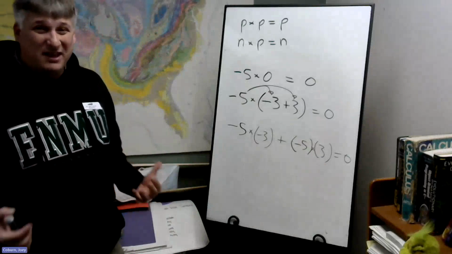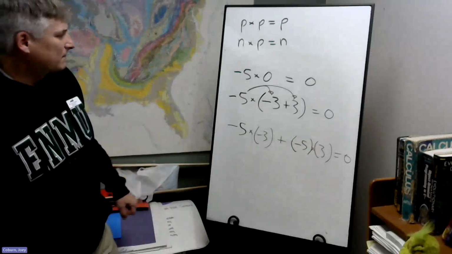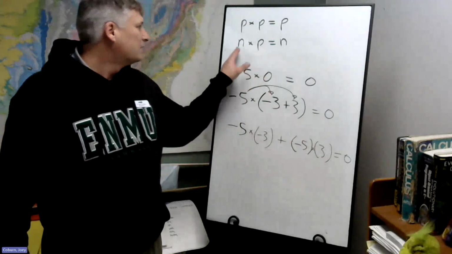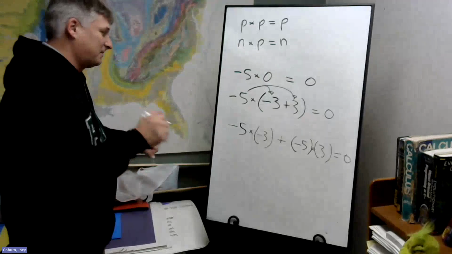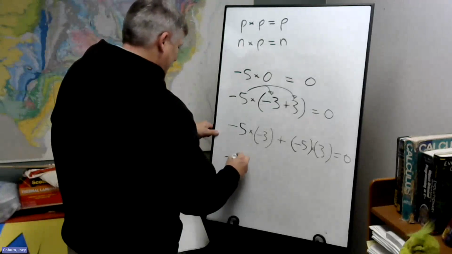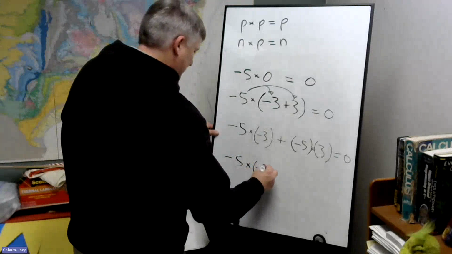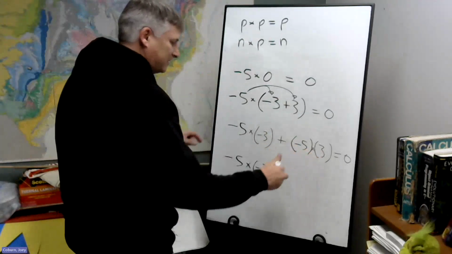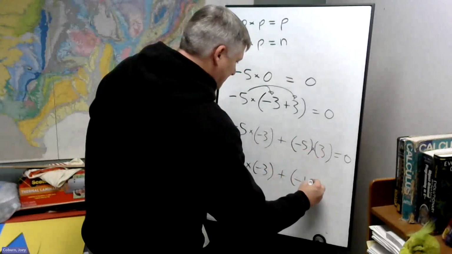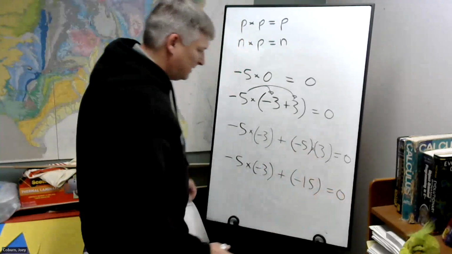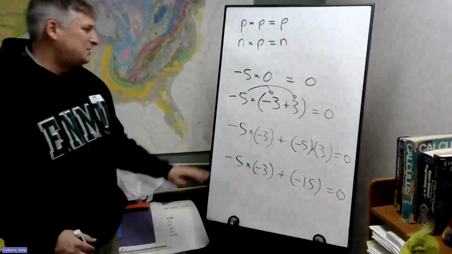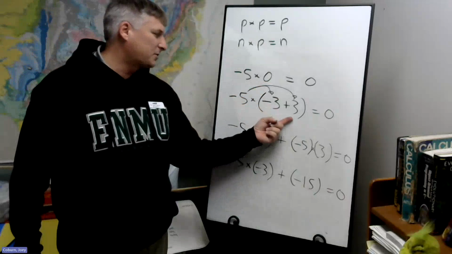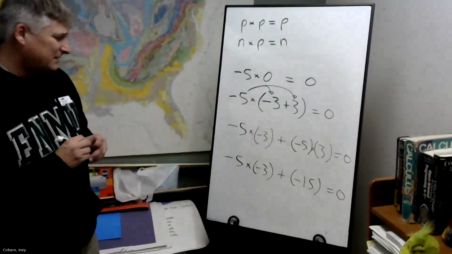Well, what do we do with this? Well, we know that if you take a negative times a positive, it's just going to come out negative. So we get negative 5 times negative 3 plus, and then for negative times positive, negative 15. All this is still equal to 0. Distributing isn't going to change this. Rewriting 0 as negative 3 plus 3 isn't changing that either.